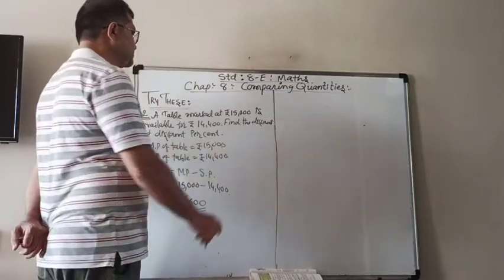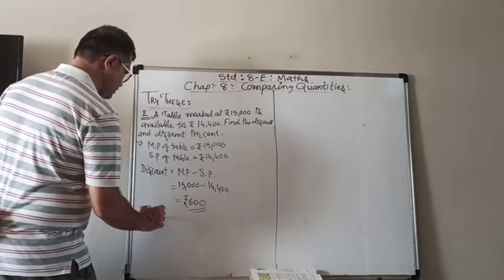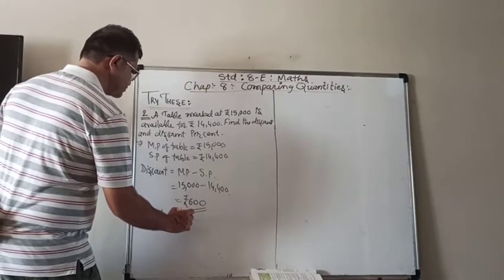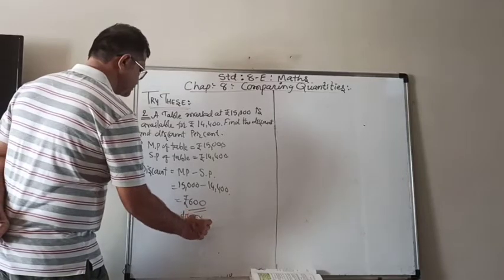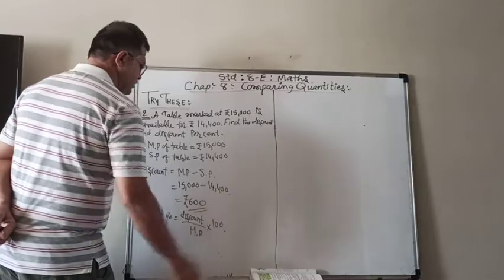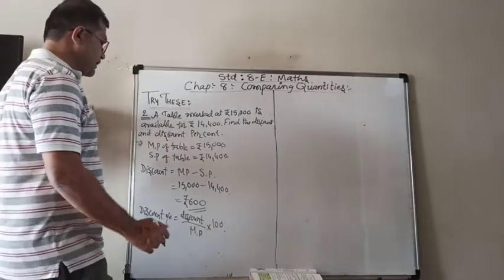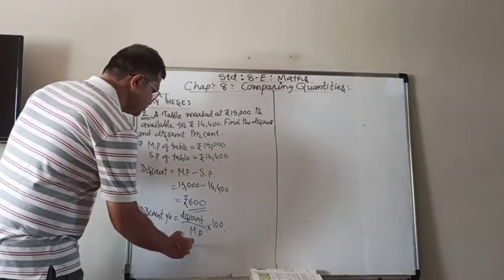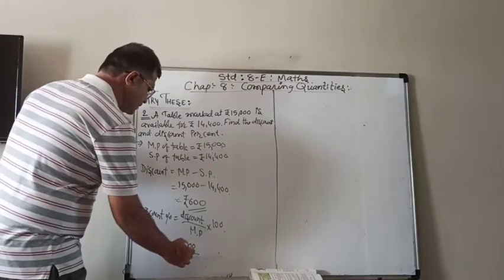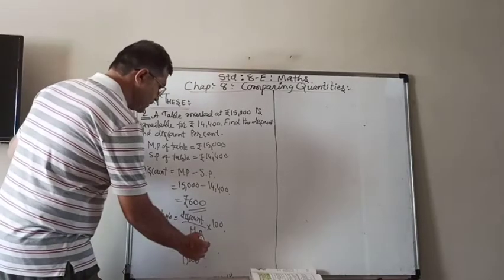Now we have to find the percent also. So we write down the formula: discount percent is equal to discount divided by marked price multiplied by 100. Whenever we have to find a percent, we have to multiply that fraction by 100. So 600 is the discount, marked price is 15,000, and multiply by 100.